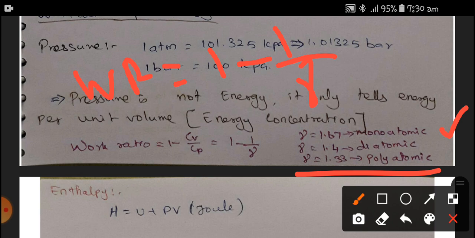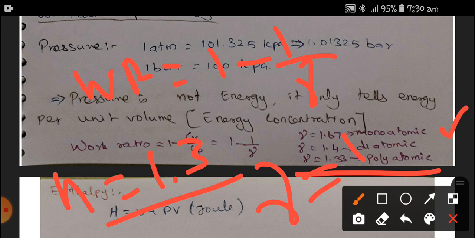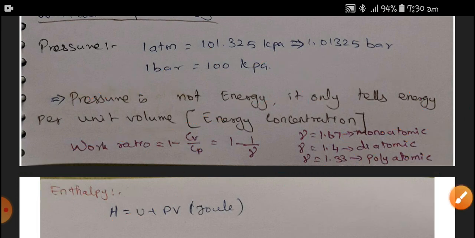When I say polytropic index n is equal to 1.3, it indicates polyatomic gas. When I say adiabatic process, the adiabatic index gamma is equal to 1.4, it is a diatomic gas. So this also you have to understand, and you have to add these points in the polytropic and adiabatic process.